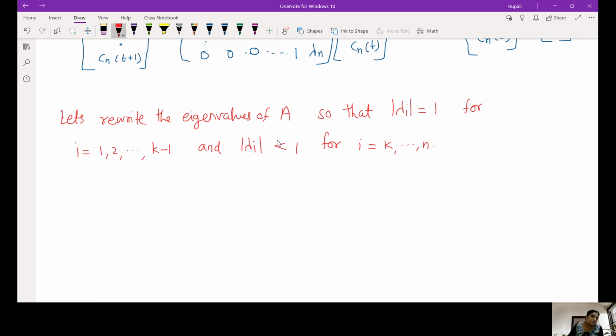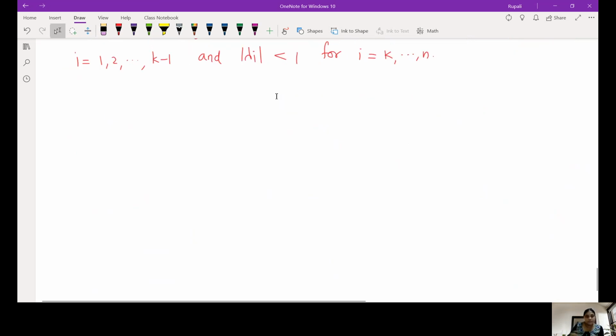We are relabeling them in that sequence. There are only two possibilities, because the spectral radius of A is less than or equal to 1.